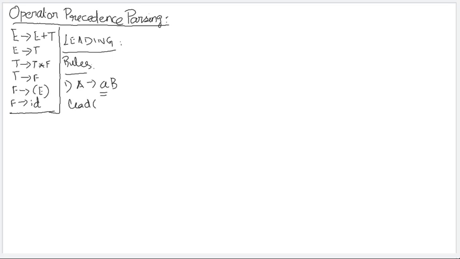If this is the case, then lead of A is that terminal only. Otherwise, you might have a production in this format, that is A tends to some non-terminal Y as the first element, followed by a terminal, and then followed by another non-terminal.